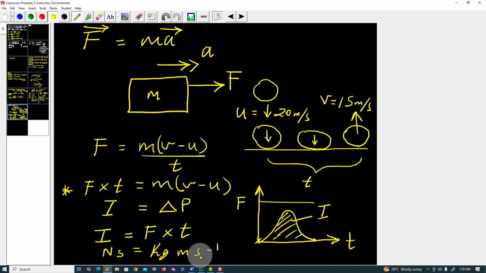It is at this point where now we see how the unit kilograms meter per second can also be equal to the Newton seconds. And when we say that the SI unit of momentum is kilograms meter per second, it is the same as the Newton seconds. So I've been able to show you that. And that one is very important.